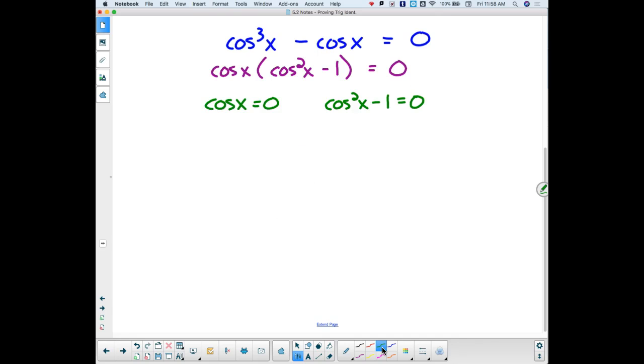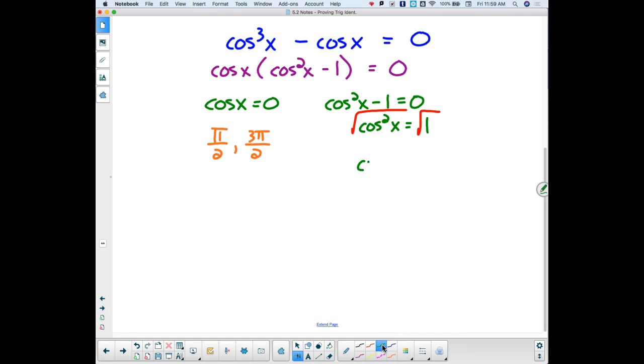Now, where on the unit circle is cosine equal to 0? Pi over 2 and 3 pi over 2. For the second one over here, I would first add 1. Then I would square root.